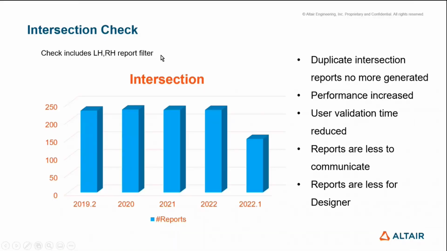What happened in the past is that we used to have this many reports generated for a body in white. Now with the same filter function, we are able to reduce this for a body in white. So with only this RH and LH report filter, we are able to reduce this number of slides.